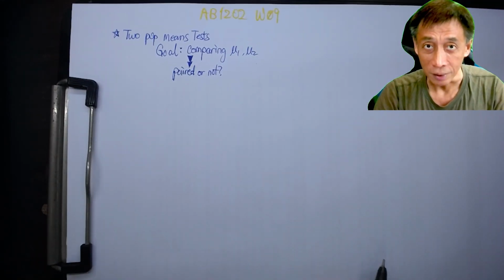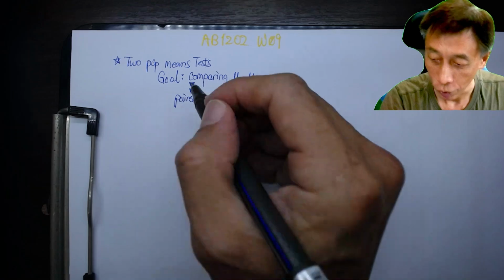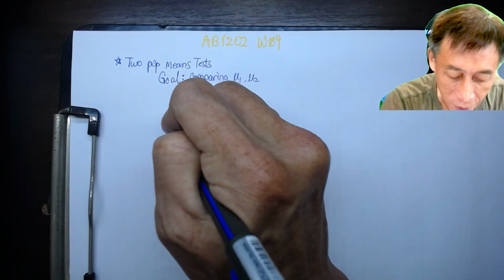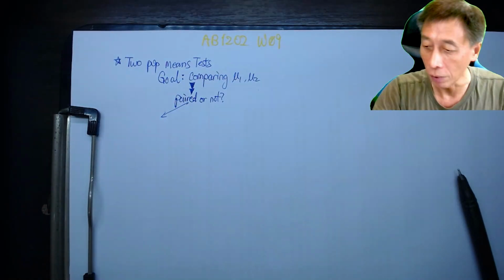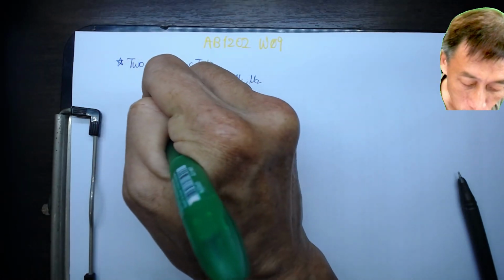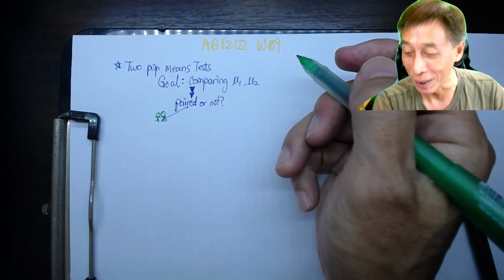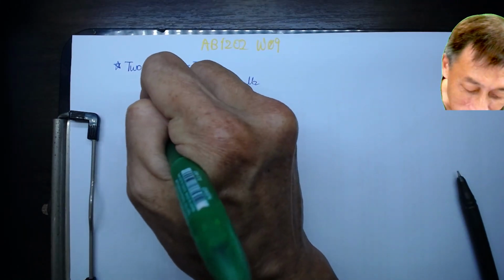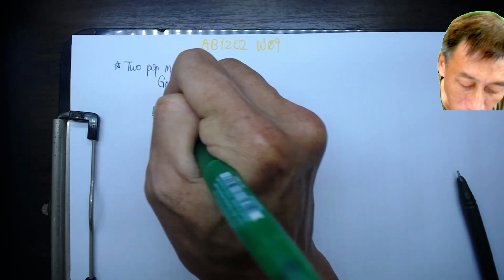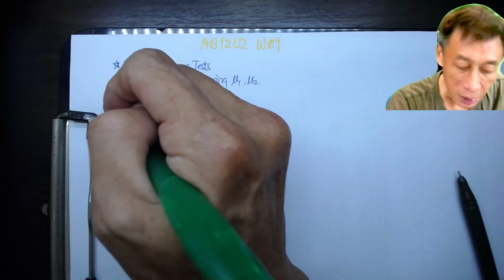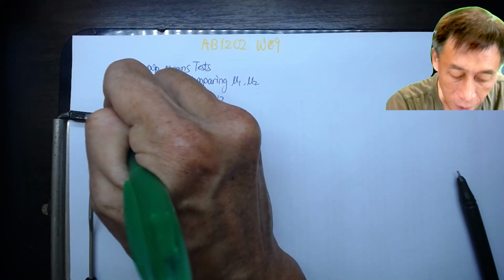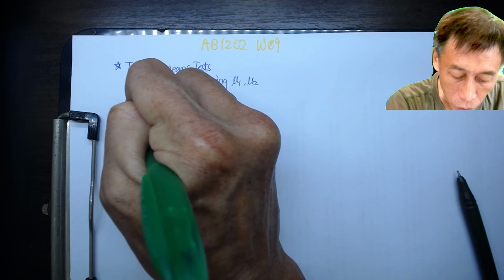Okay, so with that, we will have to look at what happens if it's paired. Now, if it is paired, first of all, let's just draw two little icons to indicate pairing using my twin example. So it is paired, right? What does paired mean in terms of calculations? It means that, first of all, your n is equal to n1 equals to n2.